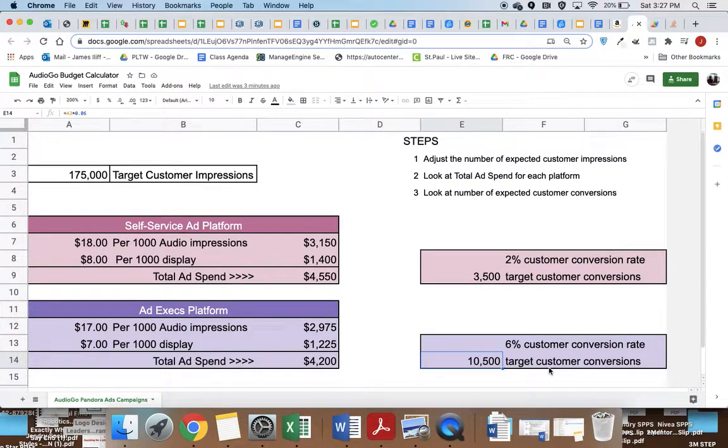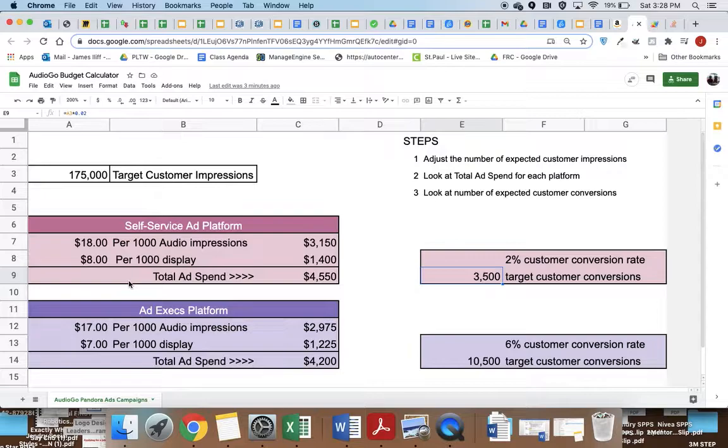We don't know that for sure, but our historic data tells us that about 10,500 people will click on that display graphic if we choose the ad execs platform. Whereas with the self-service platform, it's a 2% conversion and 3,500 people will click on that display graphic. So a lot less. So that's really interesting.